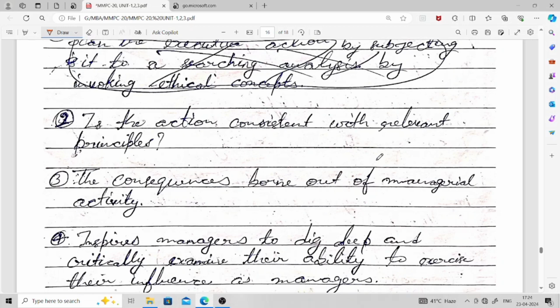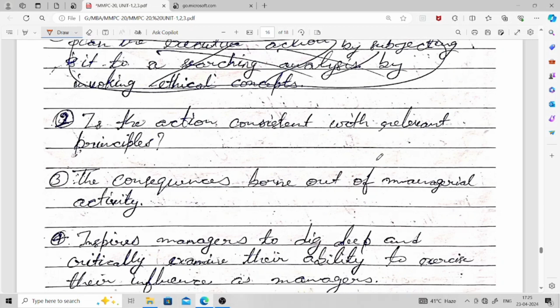The third frame is the consequences born out of managerial activity, and how they are going to affect things. That should be considered.